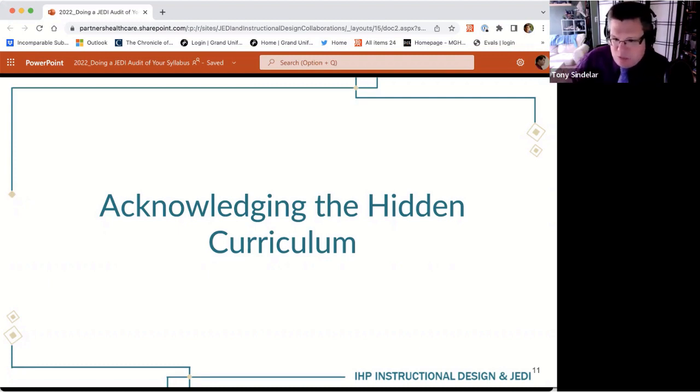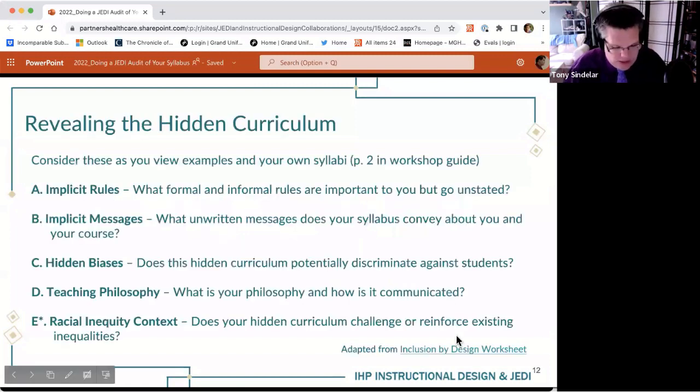And then it may also be rules that are completely invisible to other students, who are therefore disadvantaged by that. So we want you to think about what this looks like with regard to your own syllabi. There are some prompts and places to take notes on that on the second page of the workshop guide, if you are so inclined.